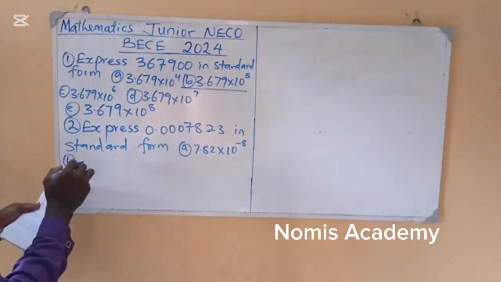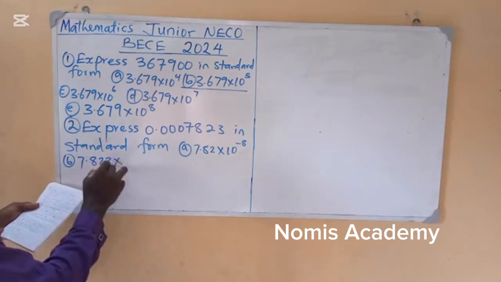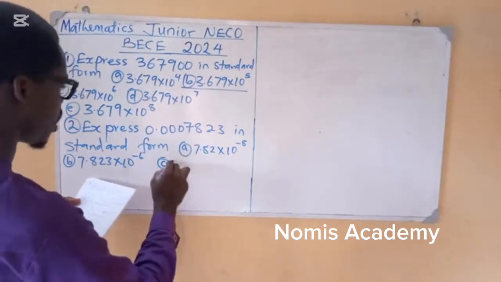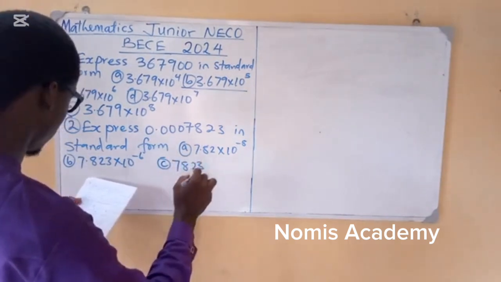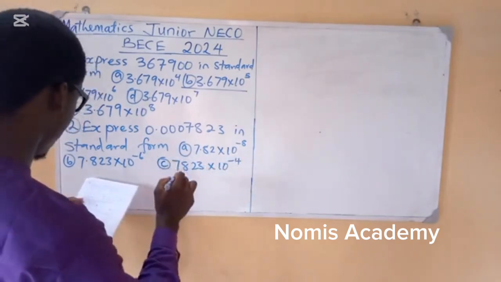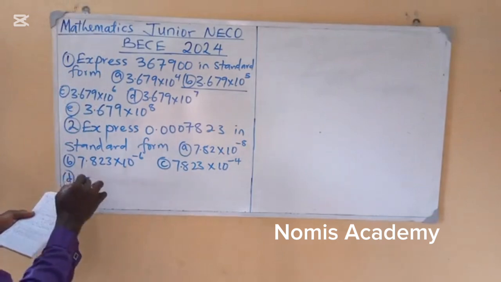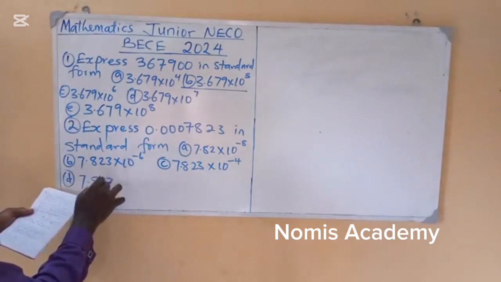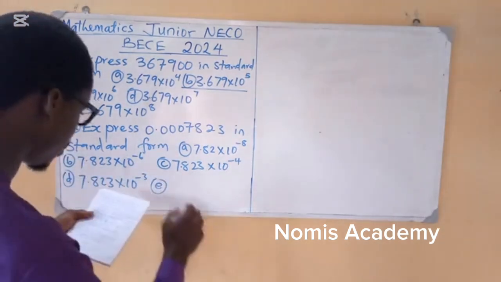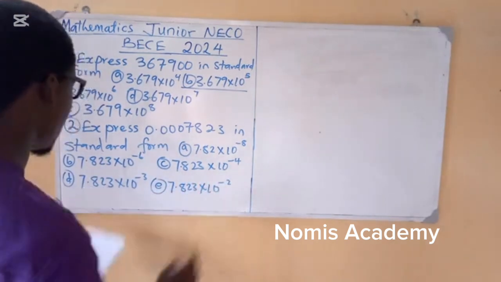B, 7.823 times 10 raised to the power of 9. C, 7823 times 10 raised to the power of minus 4. Okay, that should be 7.823. And then D, 7.823 times 10 raised to the power of minus 3. And then E, the last option, 7.823 times 10 raised to the power of minus 2.